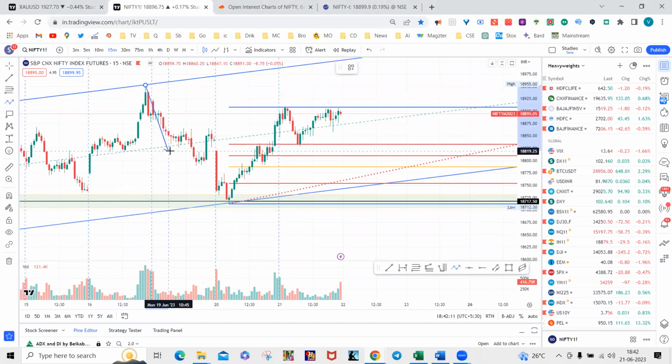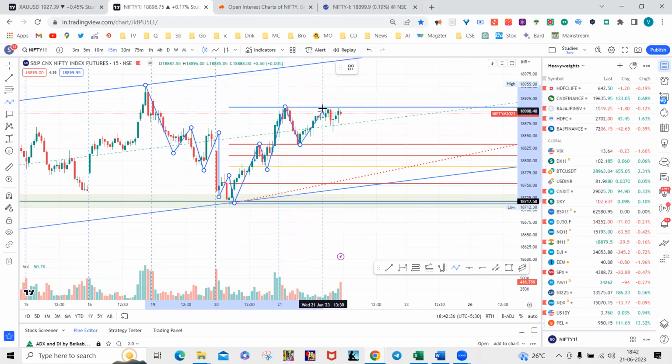So on the 15-minute time frame, we can see that the price made a lower high, lower low, again a small lower high, lower low, lower high, and then here you can see the first point where the price made a higher low and it hit a higher high. So today clearly the price hit a higher high from the lower low structure, and it also confirmed it by making another higher low and one more higher low.